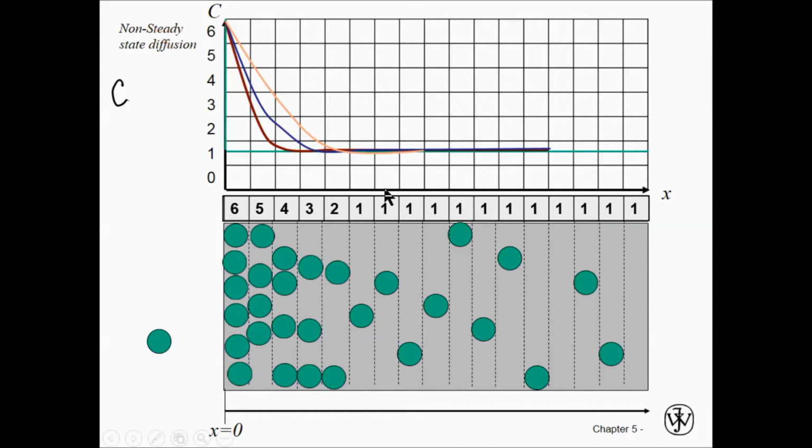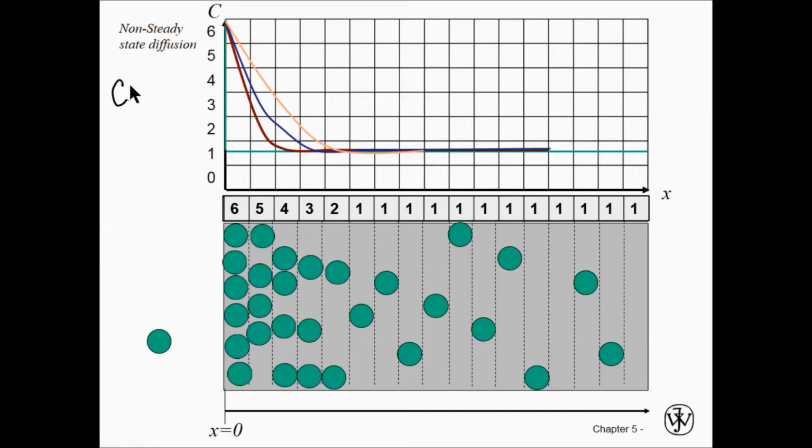So the concentration of copper changes when you analyze these distances over here. This is x, increasing in this way. As I move in position to the right, the amount of copper, or diffusing species, so copper here is the diffusing species, decreases.